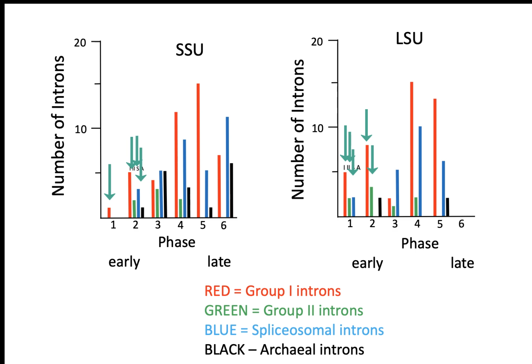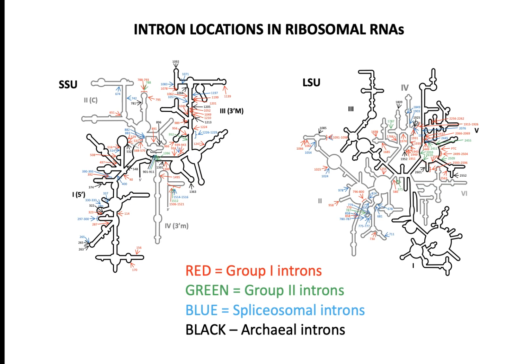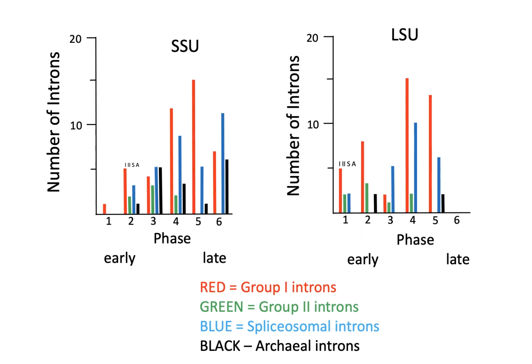And if you look in the catalytic center of the large subunit, specifically, only group 1 and group 2s are in that very ancient piece of the molecule. There are additions of group 2s in phases 2, 3, and 4, followed by decreases, and increases in spliceosomal introns in phases 5 and 6.